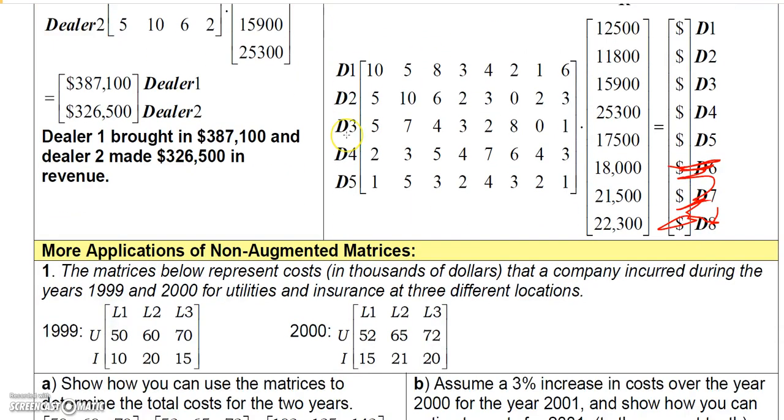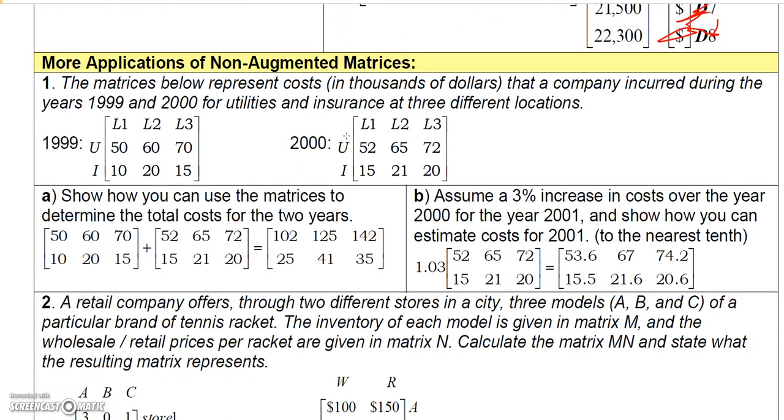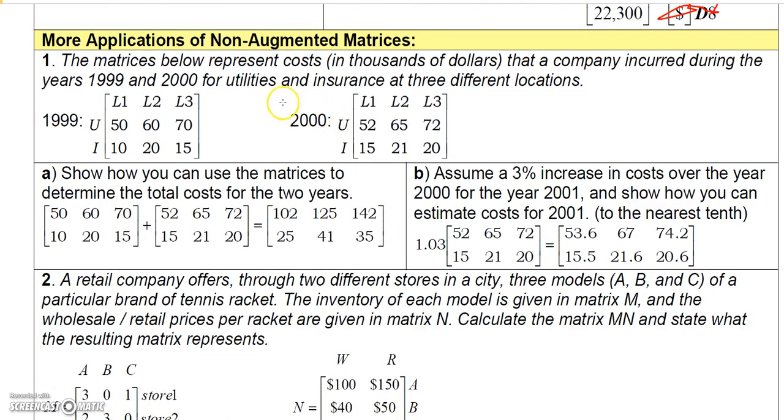All right, so here's a couple more applications. In this example, the 1999 matrix represents the cost for utilities and insurance for 3 locations for a company, and the 2000 matrix shows the utility and insurance costs for the locations for the year 2000.